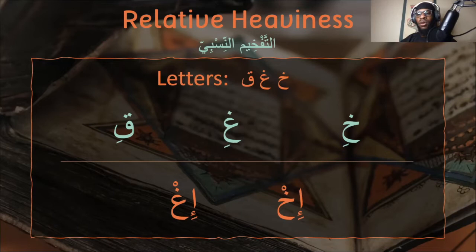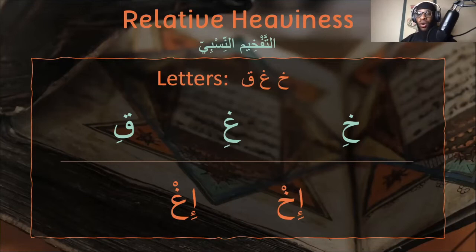It's not ghui, but instead it's ghi, and we're smiling the whole time we're saying it. Ghi. So khi, ghi. And finally, qaf is qi, not qui, but instead it's qi. So khi, ghi, qi. And that's how we say that when it has kasra.